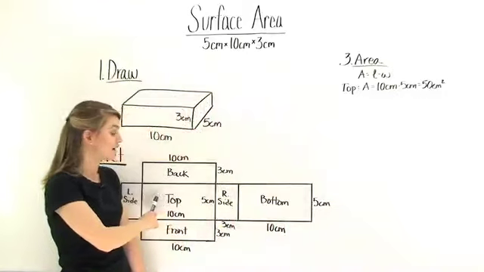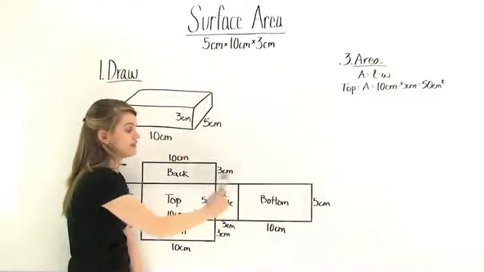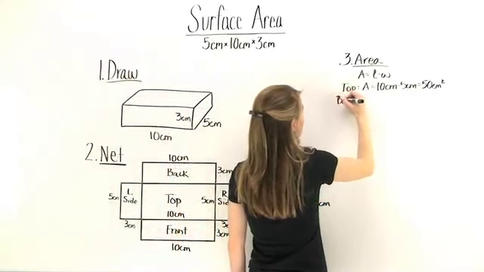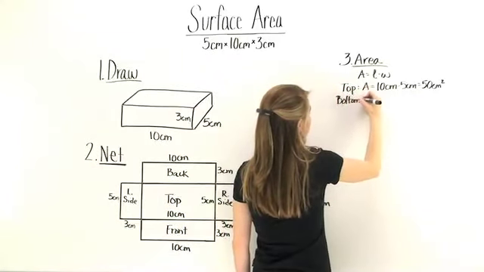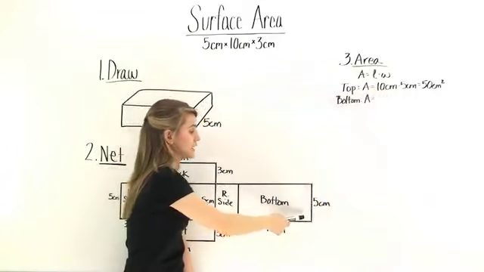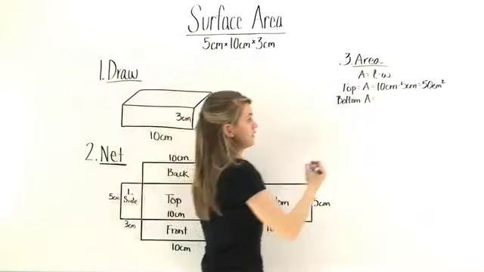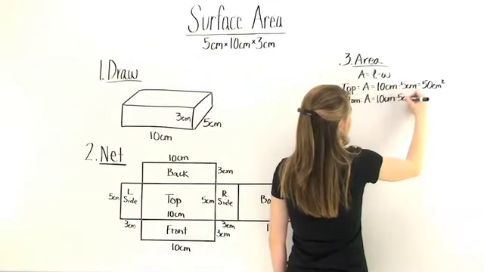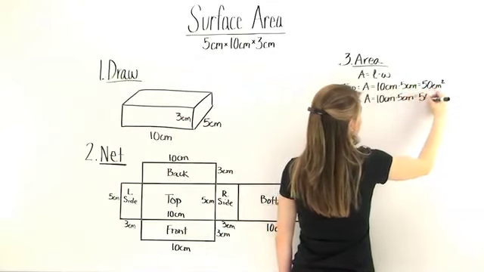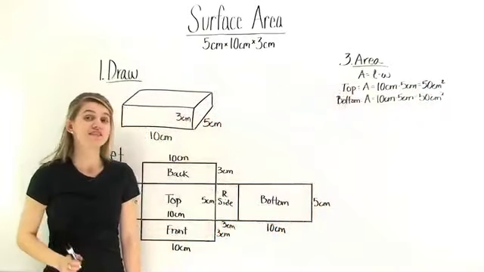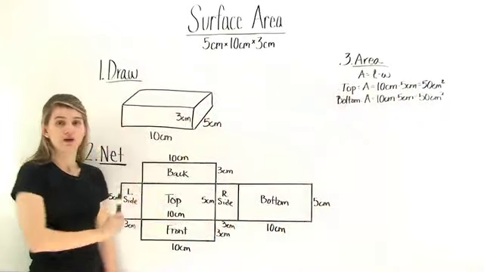Now that we found the area of the top rectangle, let's go ahead and find the area of the bottom rectangle. To find the area of the bottom rectangle, we multiply length times width. Well, that's 10 centimeters by 5 centimeters. Notice these are the same dimensions as the top. So we also get 50 centimeters squared. Now let's find the area of the front and the back rectangles.